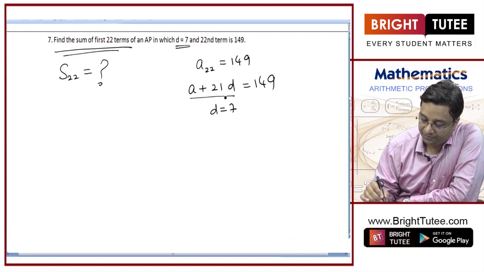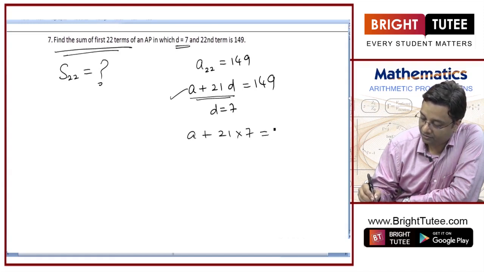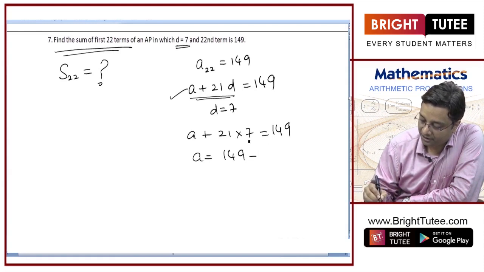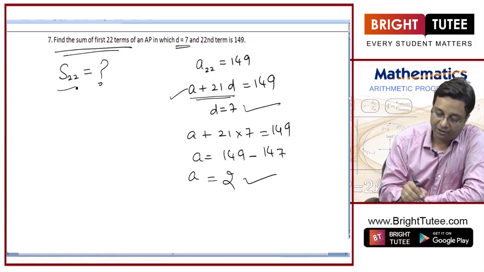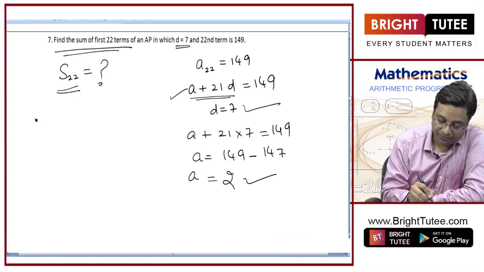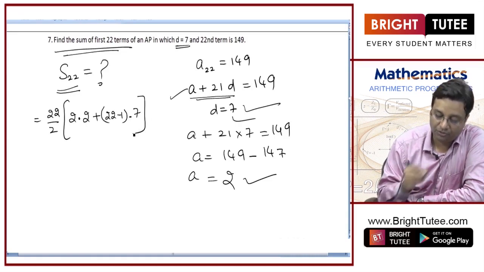So by using this, we can find A very easily. A plus 21 into 7 is equal to 149. So A will be equal to 149 minus 147. Okay, so A is equal to 2. Right, now we have got A, we have got D, and we need to find S22, which will be equal to 22 by 2, 2A plus 22 minus 1 into D, which is equal to 7.